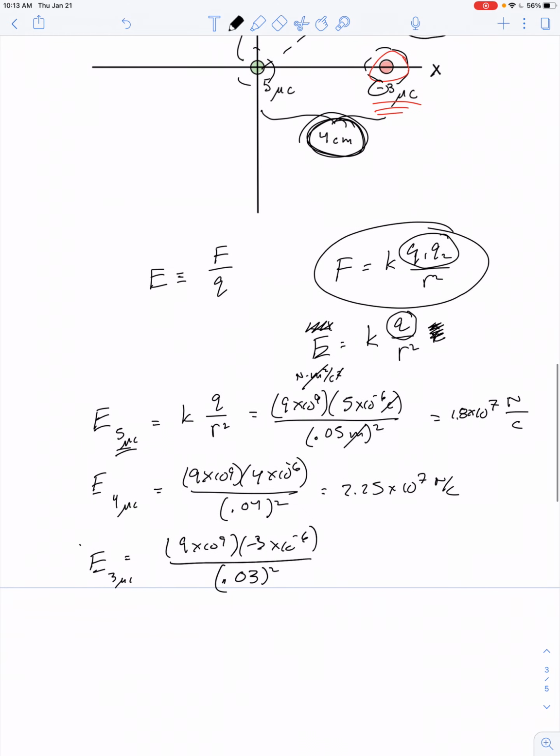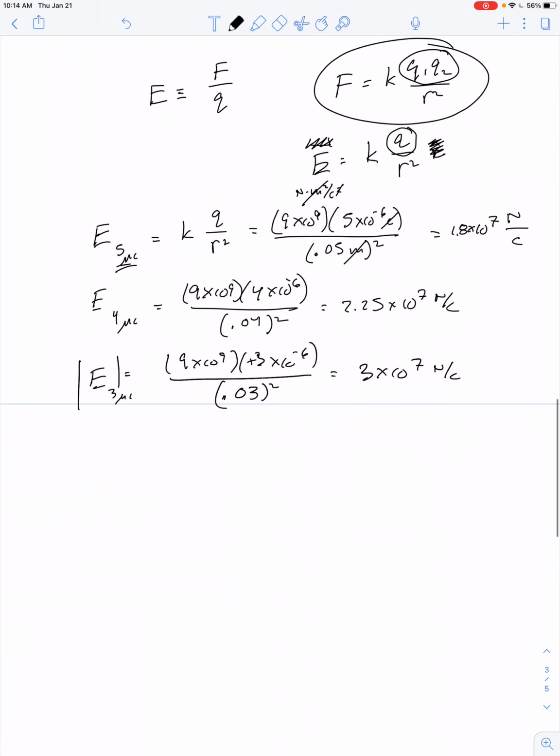And all I'm really interested in right now is magnitude, right? So I can keep all of my charges as positive values in my computation. Okay, so this time we get three times 10 to the 7th newtons per coulomb.